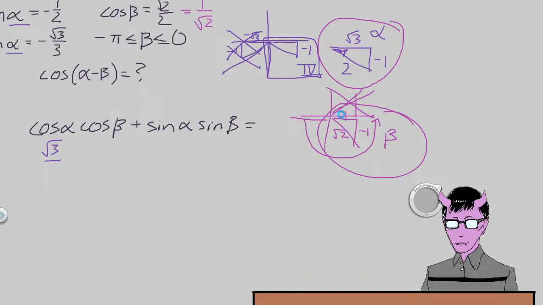Cosine is going to be the adjacent over hypotenuse, so √2/2. And then we have a plus between them. Plus what? Going back to the alpha situation, so now sine of alpha, which is going to be -1/2, times the sine of beta, which is going to be negative, so in the parenthetical, -√2/2.